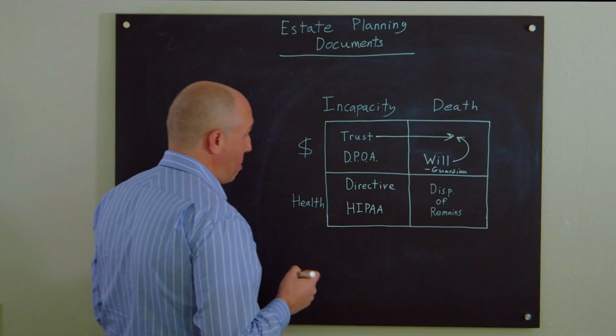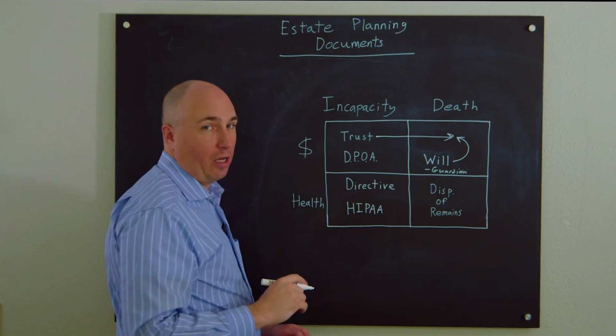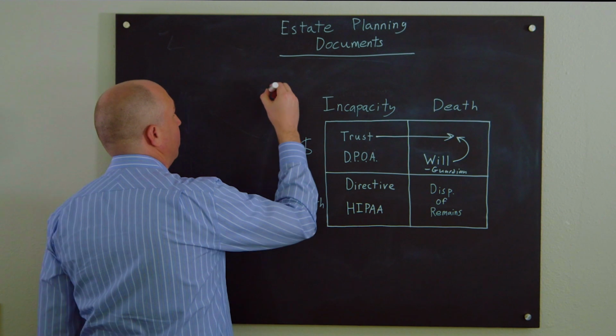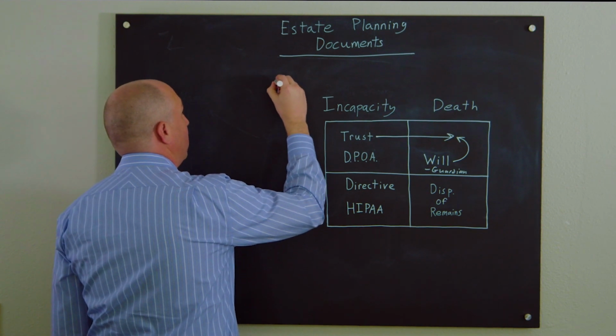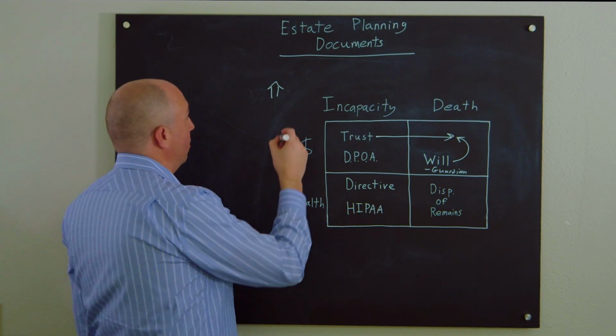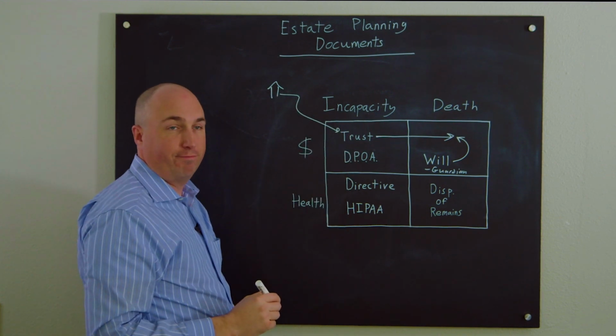So, often at the time you sign these documents, there will be other documents that you sign to help with that process. For example, if you own a home, you'll want to sign a deed that transfers ownership of your home to your trust.